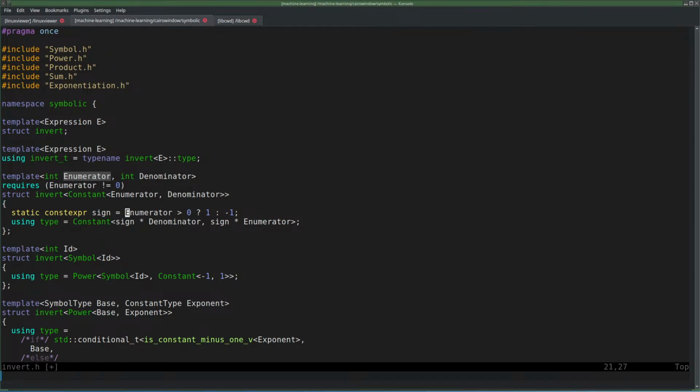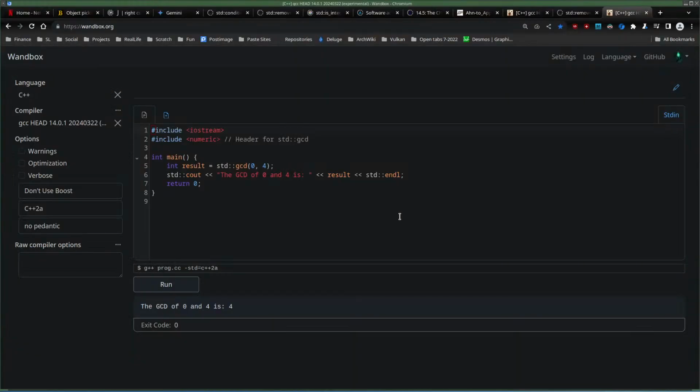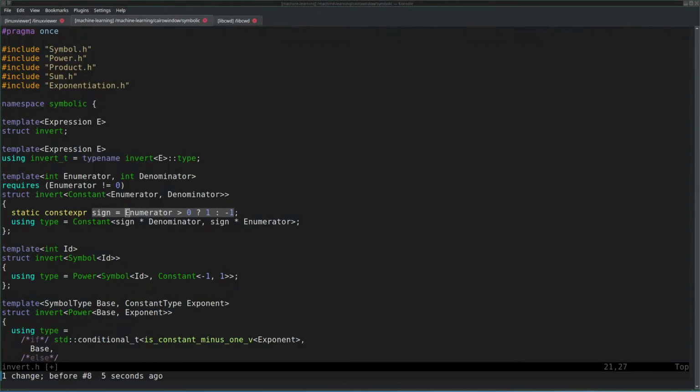And I will never ever learn what the precedence is here. I'm just going to ask the bot. We have a bot that can do this. Precedence.